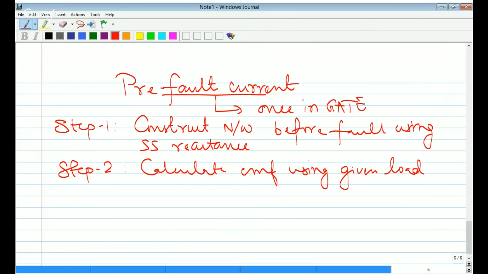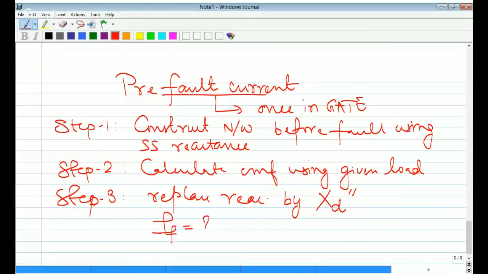Load current would be given to you, that is, we are applying 400 megawatt, 500 megawatt load. Convert that in pu and calculate the current. Step number 3, replace reactances by subtransient values. Once you do that, determine fault current. So that method is universal. That should always be followed.